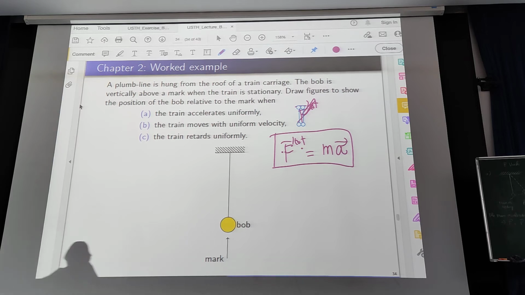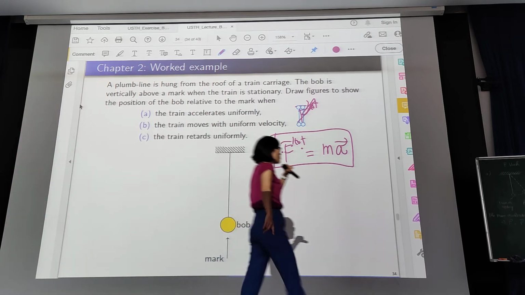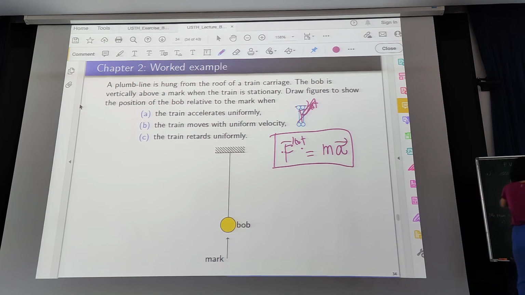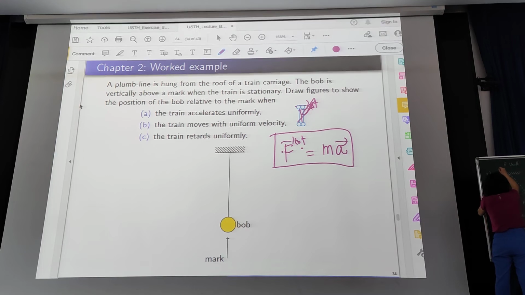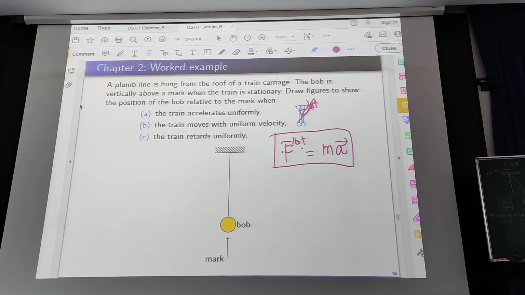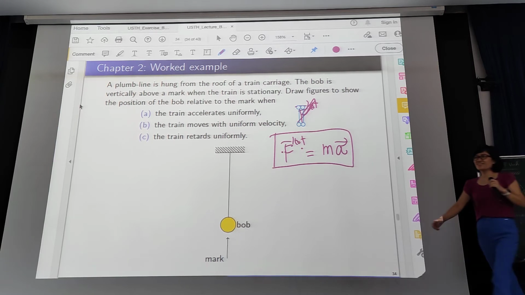Very good question. So, which direction does the train move in this case? Move to the left. Ah, you are moving to the left. All right. And Quang? Left. Go to the right or the left? The direction of motion. Go to the right.